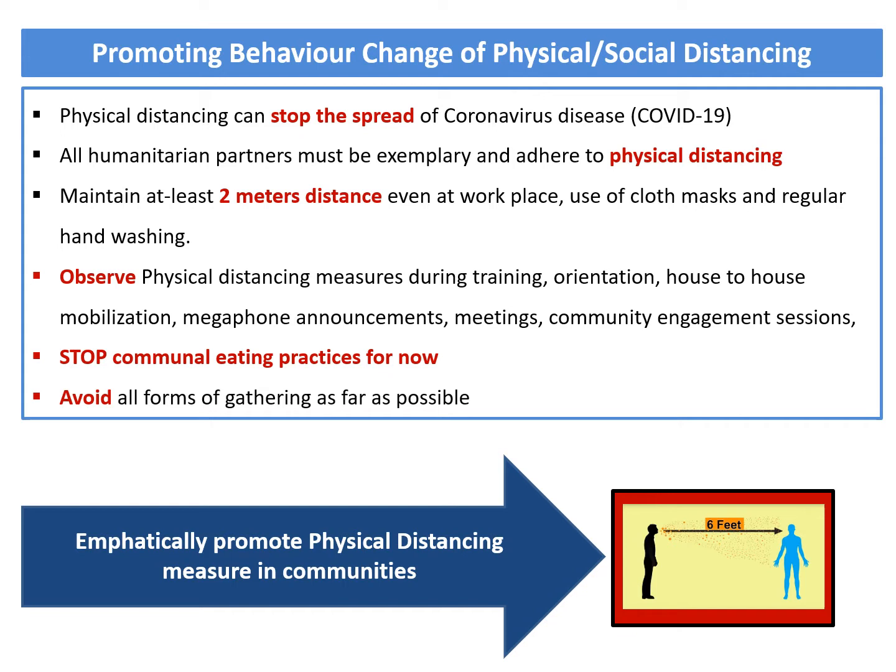So we as risk communication partners or humanitarian partners must be exemplary and adhere to this physical distancing, which means that we have to maintain at least 2 meters distance between yourself and anybody else, because it starts with you.